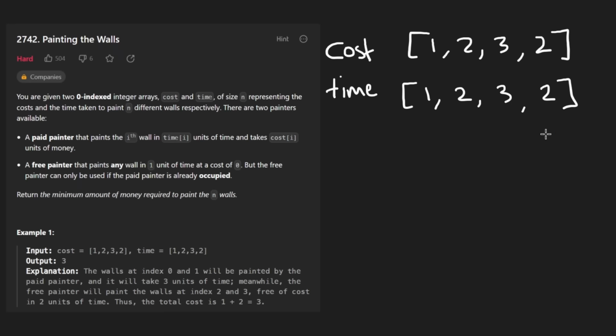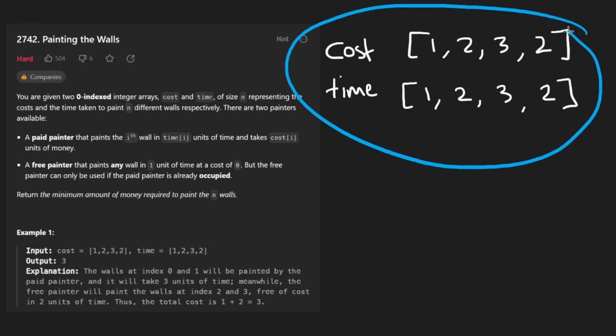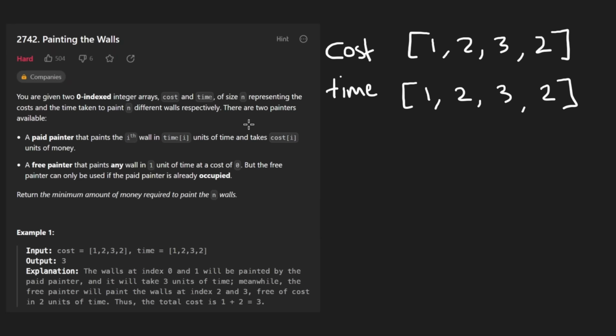But if you're clever, the most important thing to notice about this problem is that we only need to keep track of what the paid painter does, because even in that first very simple example I showed you, we can technically start from any of these, but probably we can start from the left and work our way to the right. And for each of these walls, we can decide which wall is the paid painter going to paint and which wall are they not going to paint.